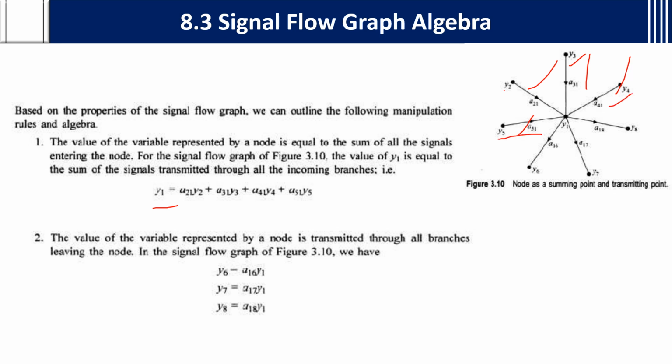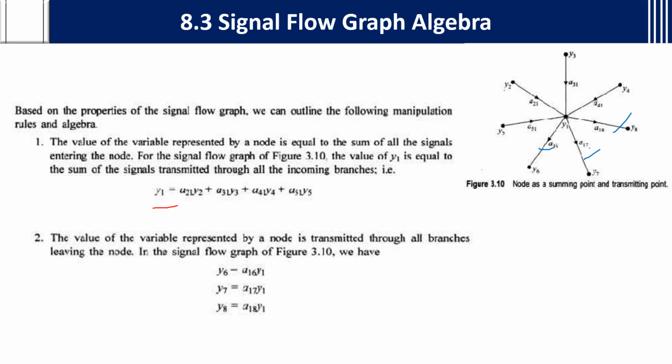The value of the variable represented by a node is transmitted to all branches leaving the node. So incoming signals will go to the leaving branches. What are the leaving branches present? They are this, this, this. So y6 is equal to A16 y1, y7 is equal to A17 y1, y8 is equal to A18 y1.